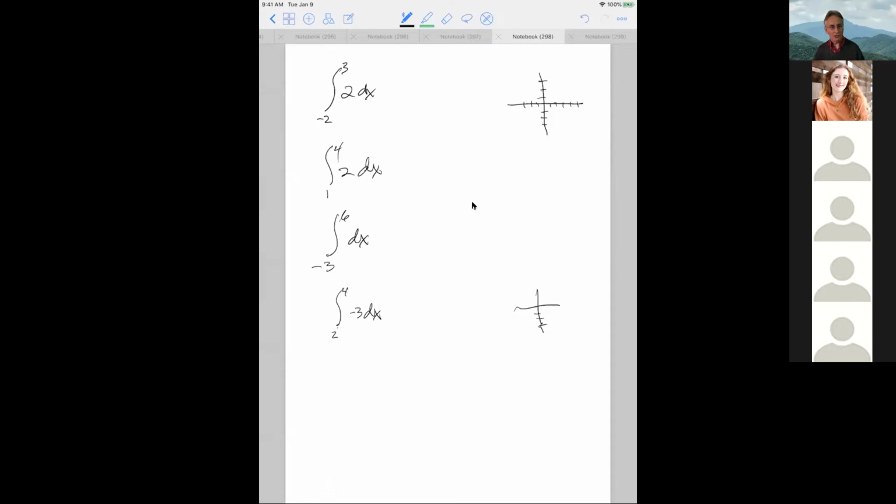I want to remind you that 2 is the function. What are we finding here? Area under that curve. It's a straight line. y equals 2 is this straight line that goes forever in both directions. This integral sign is saying we're going from -2 to 3. And what is the area of that region?